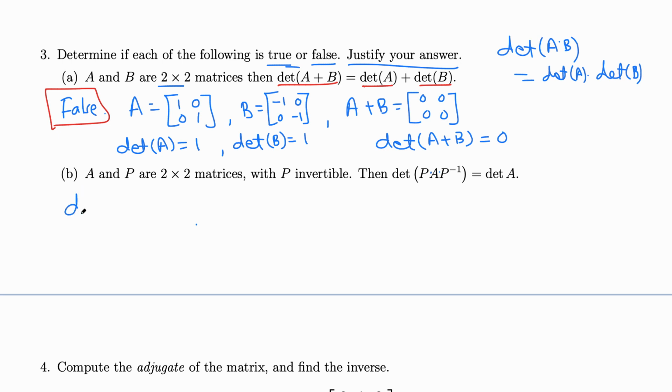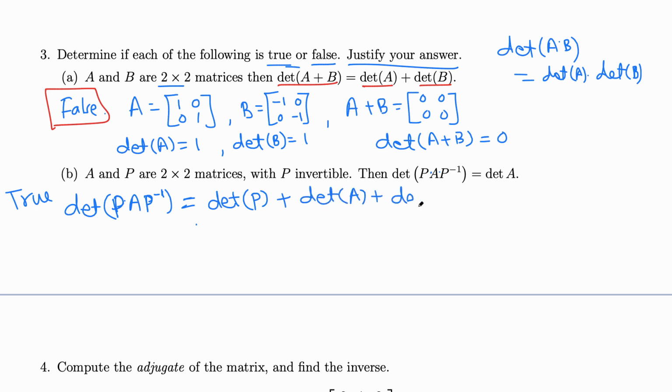So the determinant of, I'm going to say true, P A P inverse is, so we have a product of 3 things, so we can still write it as a sum of 3 determinants. So the determinant of P plus the determinant of A plus the determinant of P inverse.